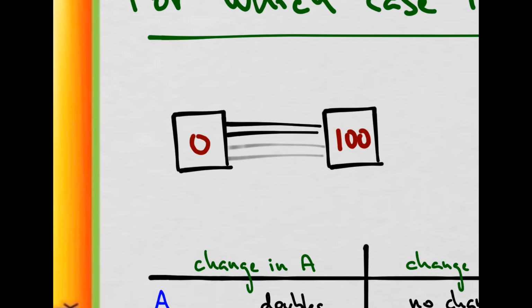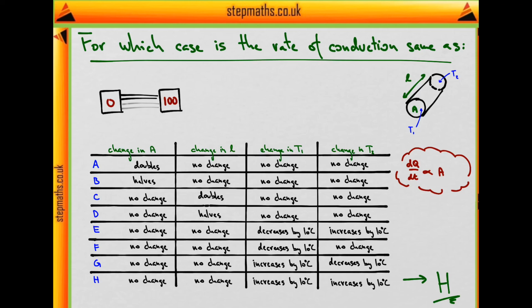Well, it will double, because the heat will flow through the first bar, but at the same time also through the second bar with the same intensity, and hence we will double the rate of heat transfer. And having two same bars is the same as doubling the cross-sectional area, and so we have found that flow of heat will be proportional to the cross-sectional area.